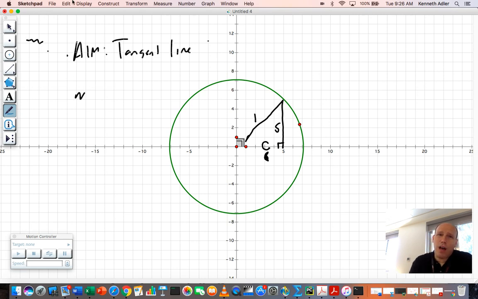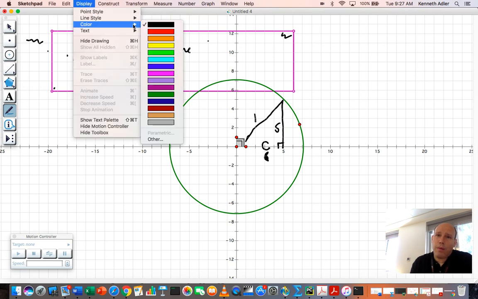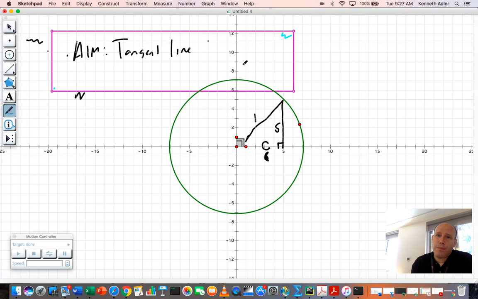So let me change the color to, let's make it light blue.